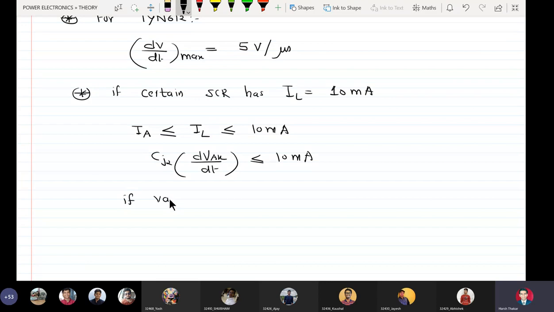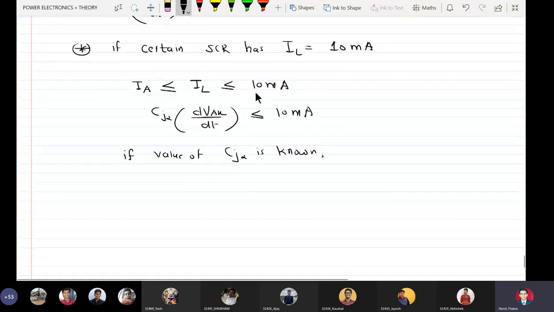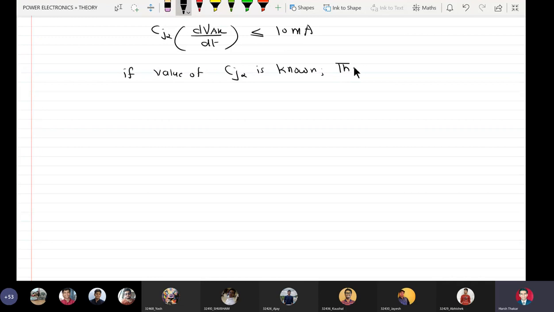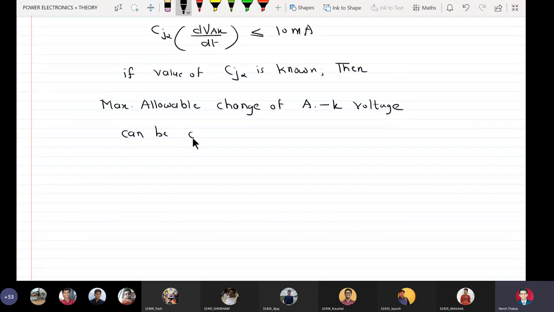So if the value of CJ2 is known, then the maximum allowable change of anode to cathode voltage can be calculated.